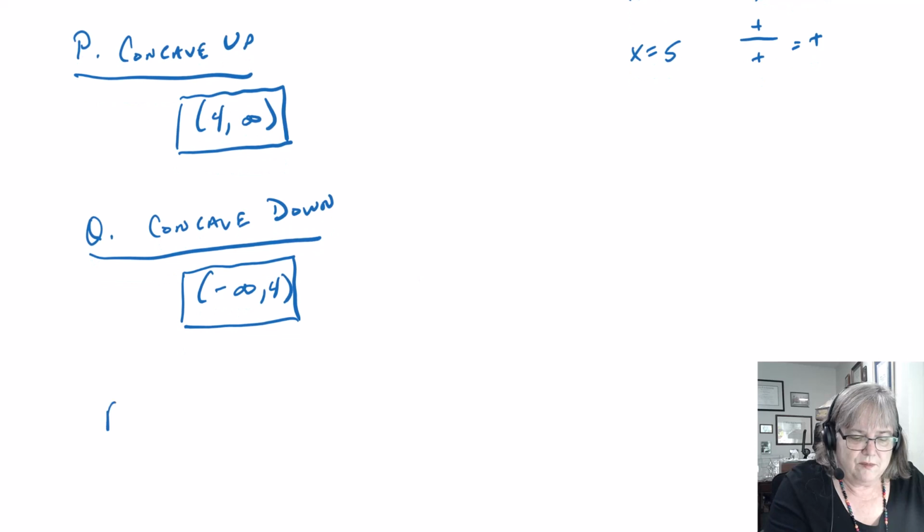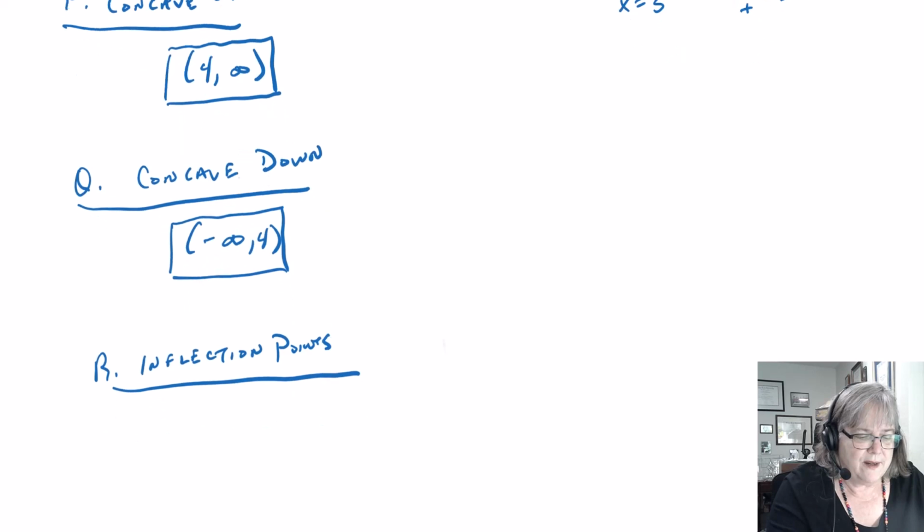So remember, we're always looking to see where it flips. And if it does, so if it went from concave up to concave up, there's no inflection points. If it goes concave up to concave down, there's a potential of one. So let's talk about this for a second, because this went down to up.